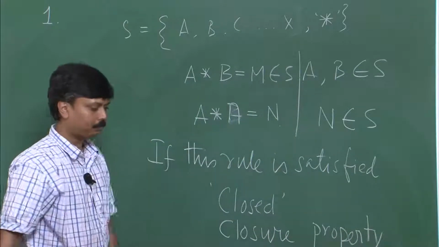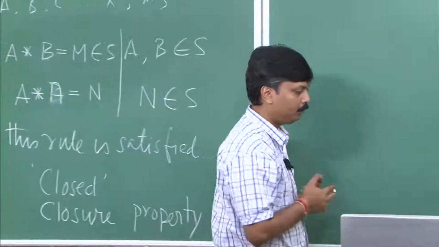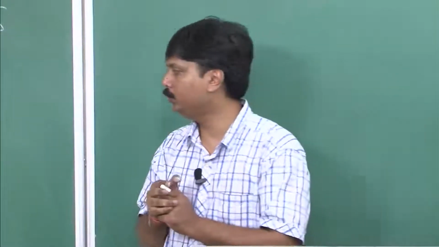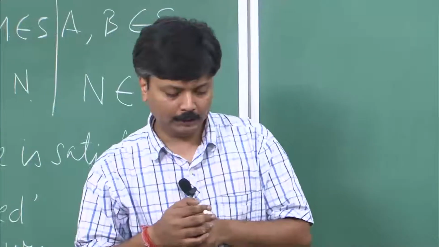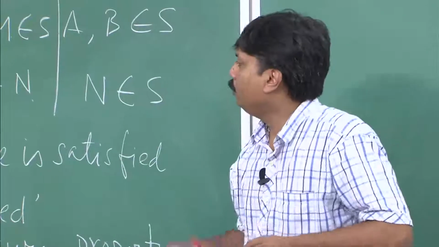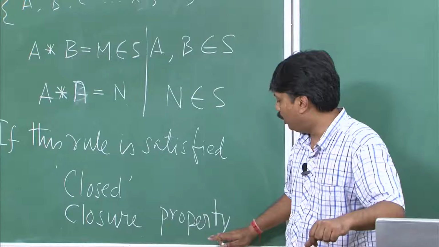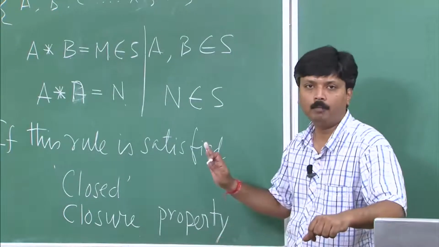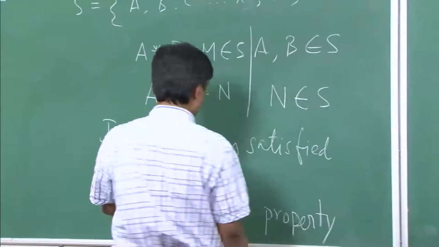So the first rule for a set that can be called a group: in order to call a set a group, this first rule must be obeyed. If any set fails to satisfy this property, then it will not form a group. So the first one is the closure property.